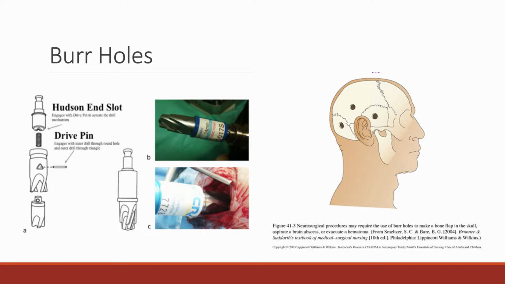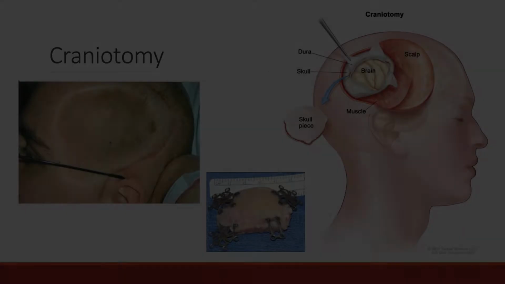Burr holes are easily done at the bedside. They essentially use a drill and make this burr hole right at the site that they want to decompress. Make an incision in the scalp, get down to the bone, drill the burr hole into the bone and right down to the dura, evacuate the hematoma, that is.